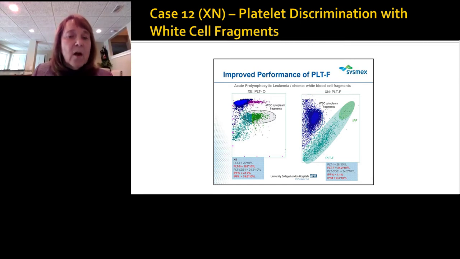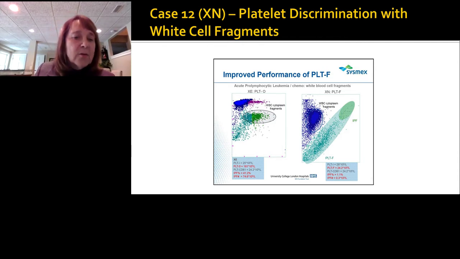Same patient run on the XN platform with the Platelet-F. Now when we look at the Platelet-F, okay, we have really a good separation between red cell and platelet. And our platelet parameters seem pretty consistent, okay? We have a nice population that seems pretty consistent, not one where you wonder what's this stuff down here versus what's the stuff that's above it.